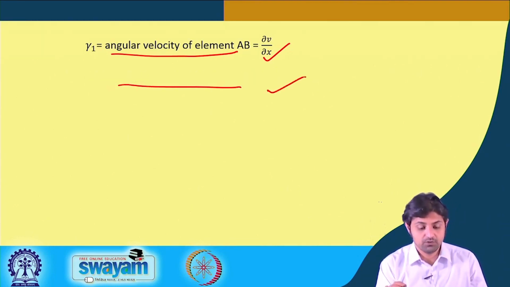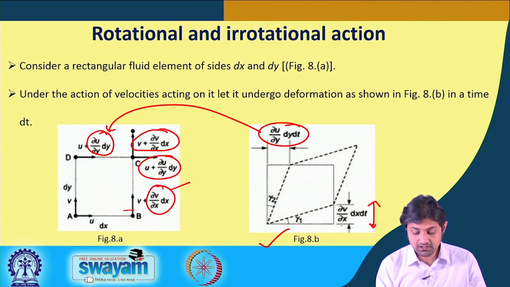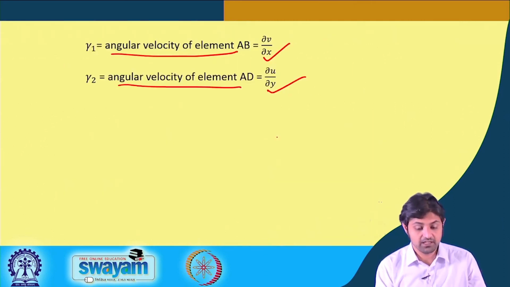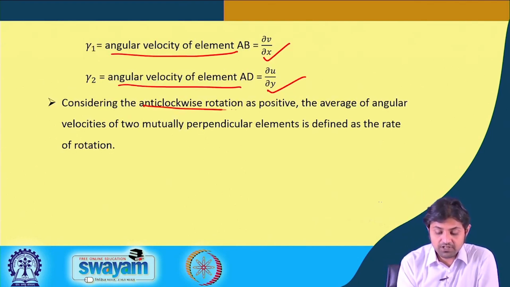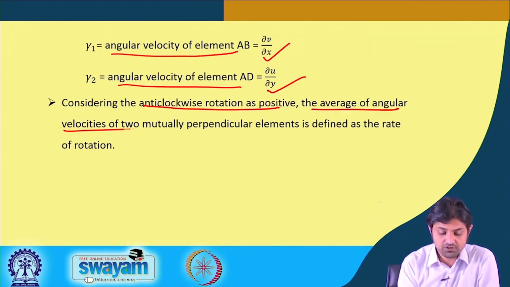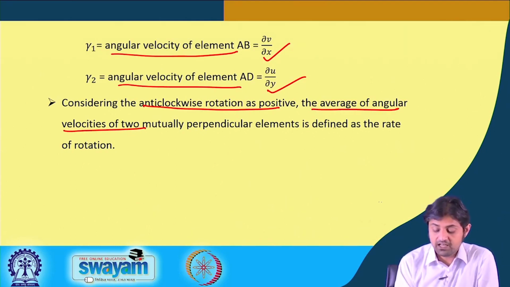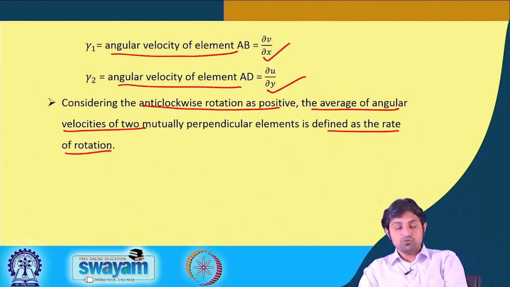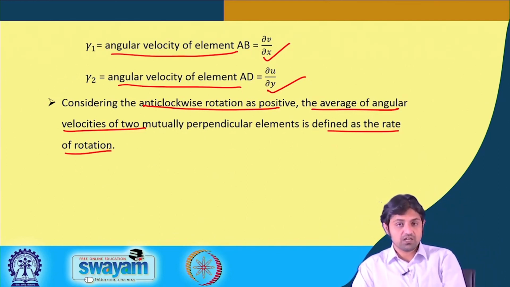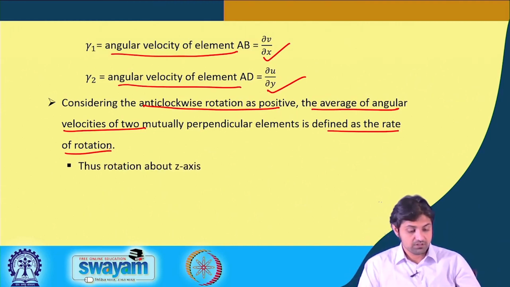You see del v by del x and del u by del y as we have written. Considering the anti-clockwise rotation as positive, the average of the angular velocities of the two mutually perpendicular elements is defined as the rate of rotation. This example we took to tell you what actually is the rate of rotation.